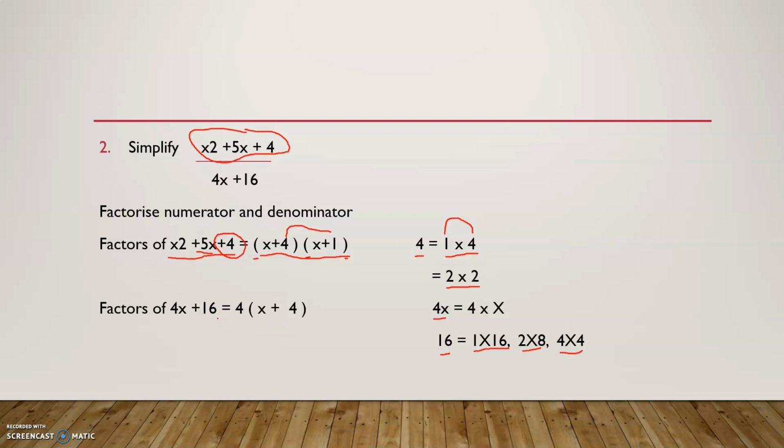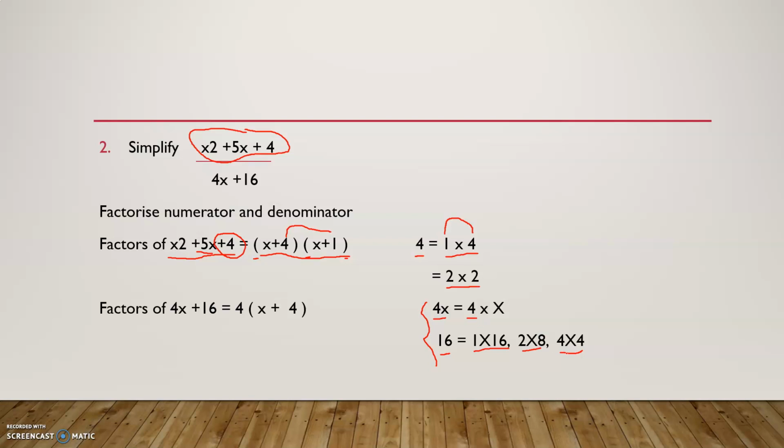Now to factorize these, we look for the highest common factor between these two terms. Here we have 4 times x, and 1 times 16, 2 times 8, 4 times 4. So the highest common factor is 4, which is highest here, and 4 here as well.